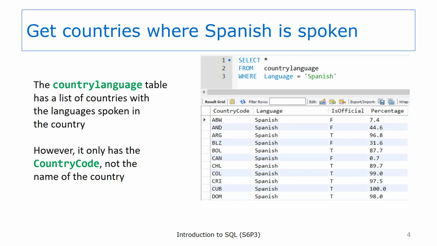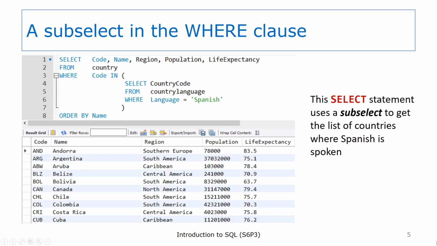As you can see, this is a select all type of select where the asterisk is used to select all of the columns. Notice that the country name is not shown, just the country code. So we can get a list of countries where Spanish is spoken, but the list is not quite what we wanted. Now we see how the in keyword can help us process a list of values.